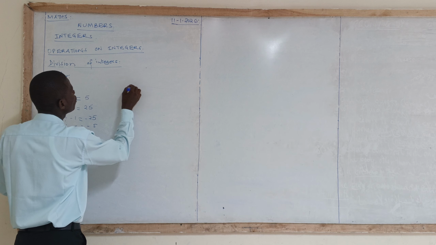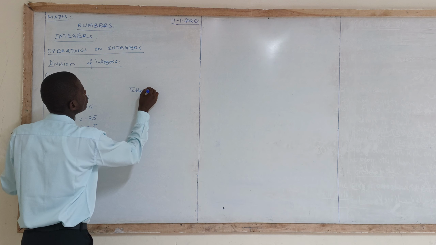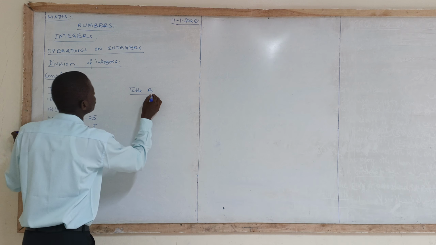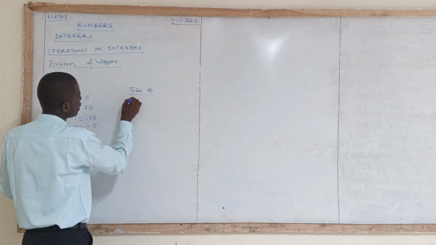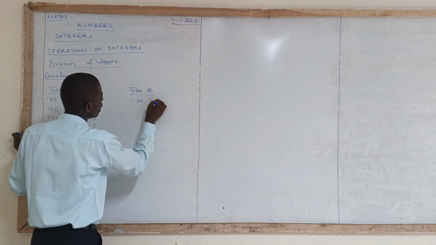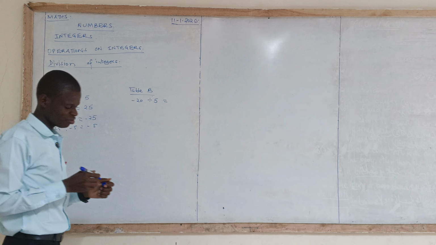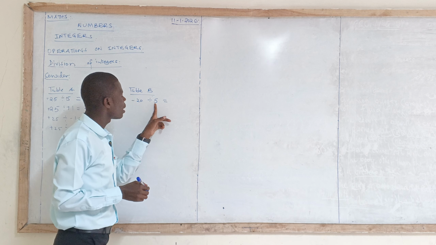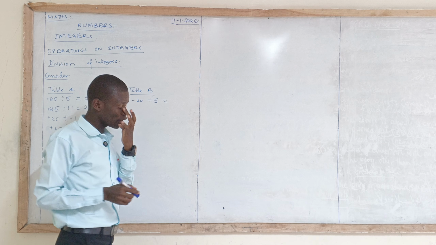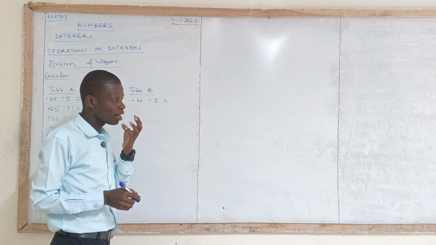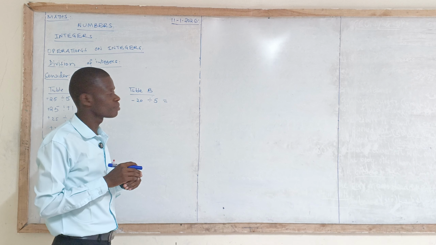Next, come to table B. What do you have? Negative 20 divided by 5. If you are asked negative 20 divided by 5, remember, we have done multiplication.